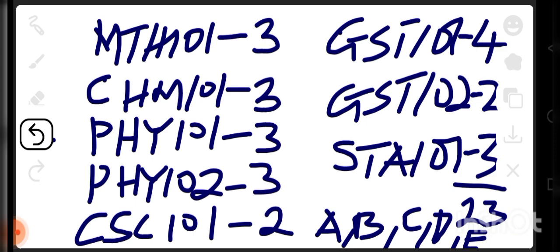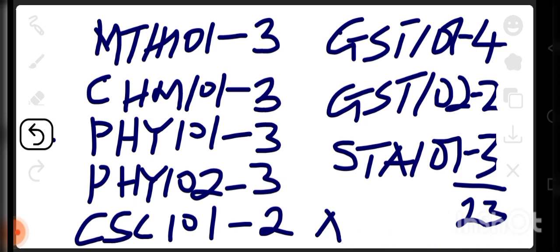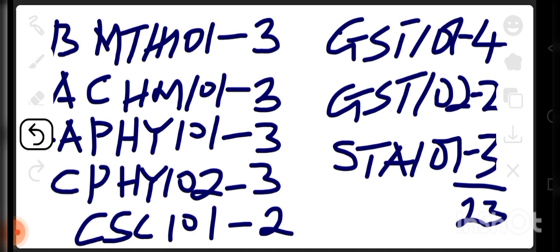As you have the following grades, let me erase this out. Let's assume in Math 101, we are having a B. In Chem 101, you're having an A. In Phys 101, you're having an A. In Phys 102, you're having a C. In CSC, you're having a D. Not you.